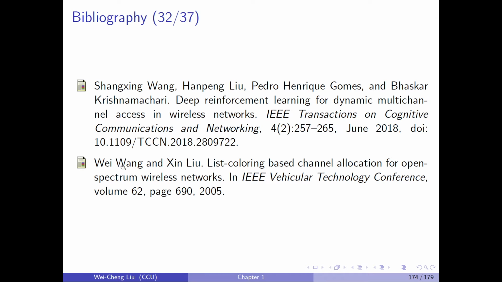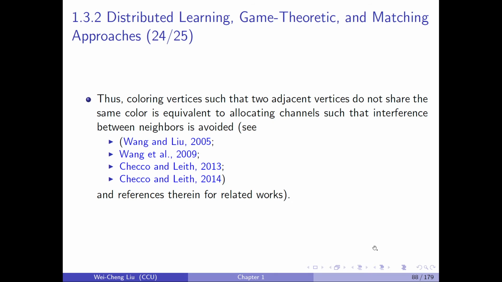Wang and Liu, List Coloring-Based Channel Allocation for Open Spectrum Wireless Networks, in IEEE Vehicular Technology Conference in 2005. And the second related work is Wang et al. in 2009.